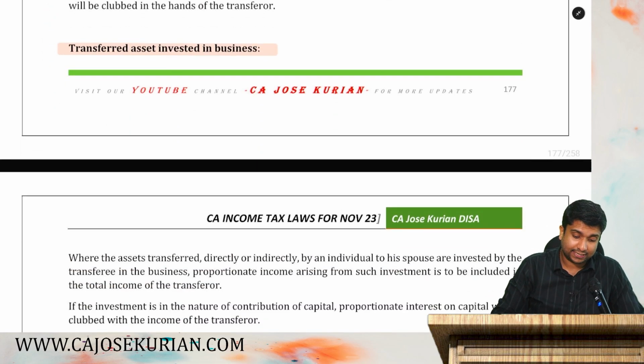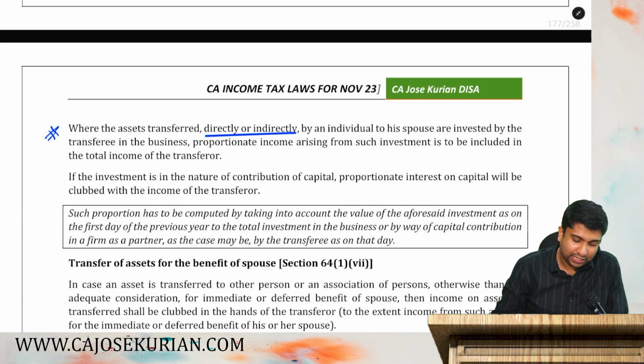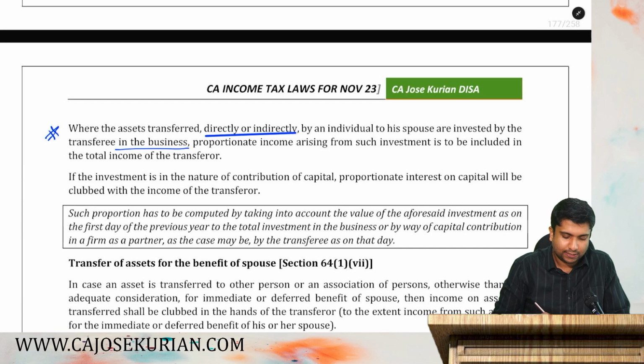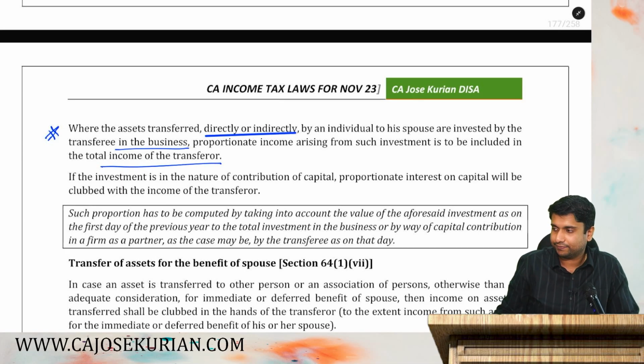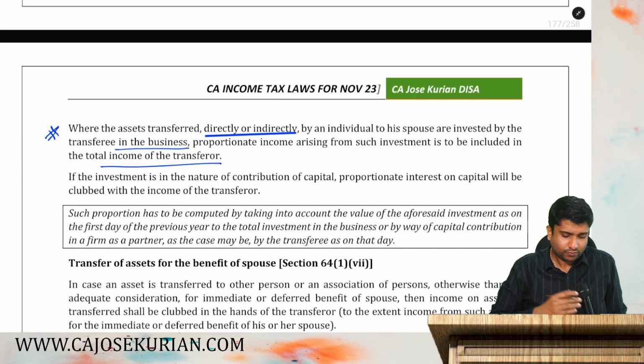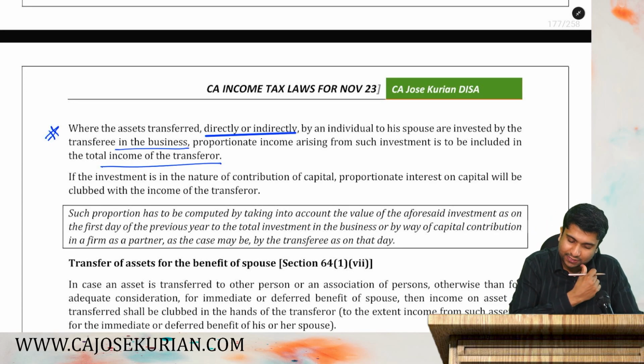Where assets transferred directly or indirectly by an individual to his spouse are invested by the transferee in the business, then proportionate income arising from such investment is to be included in the total income of the transferor.